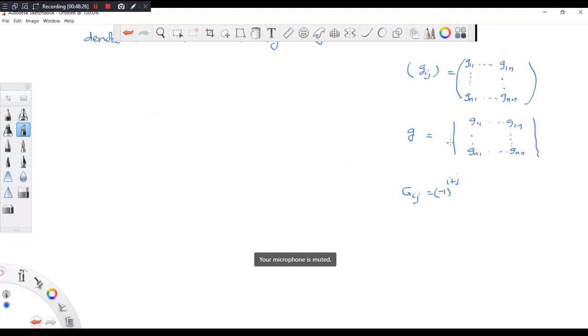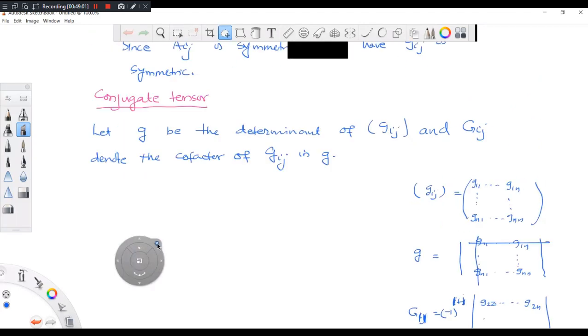This first row and first column remove, and the rest of it, so g22 etc. g2n etc. gn2 etc. gnn. So this is usually called the cofactor matrix. So that sense you should understand. So Gij is the cofactor of gij in G.